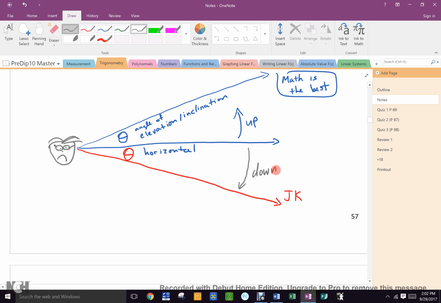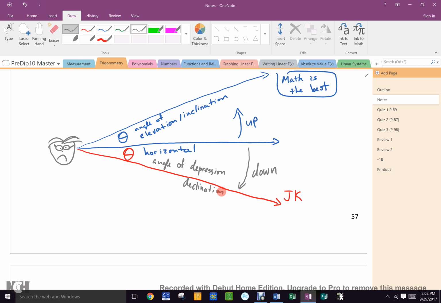Because this is the angle of depression, or declination. Is that an actual word? Yes. Okay. Because I'm looking down.